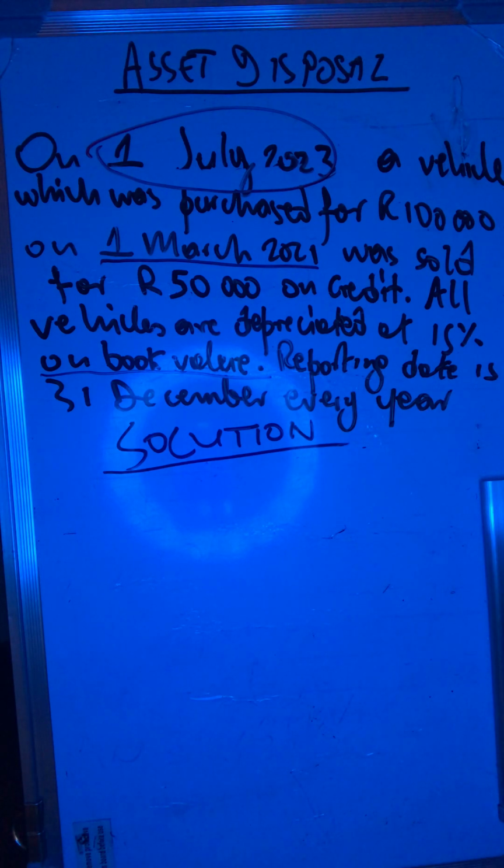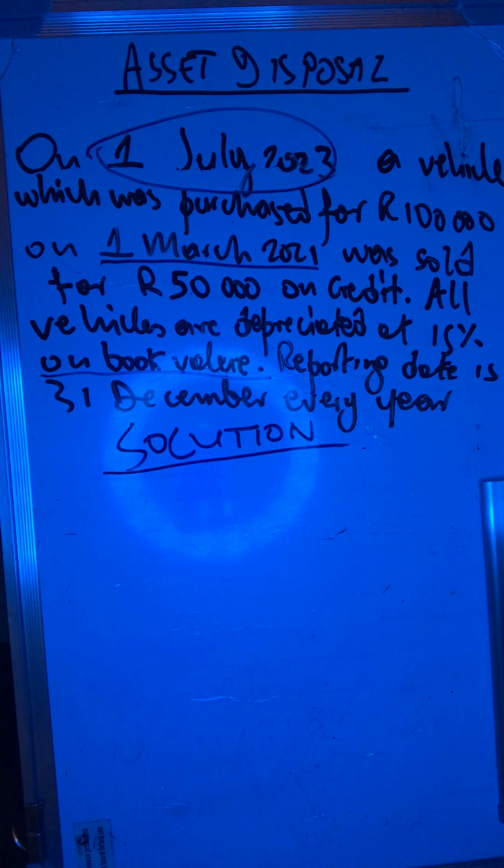But if the asset is sold during the year, then you have to calculate depreciation for the time we spent with that asset until it was sold in the current year. Again, if the asset was sold at the end of the year, that means you have to depreciate the asset for a whole 12 months for the current year.